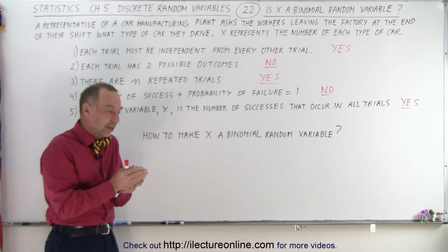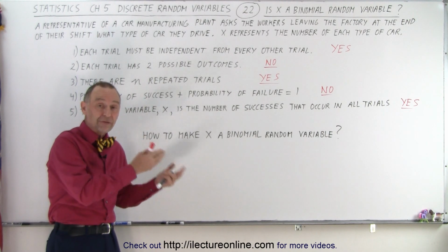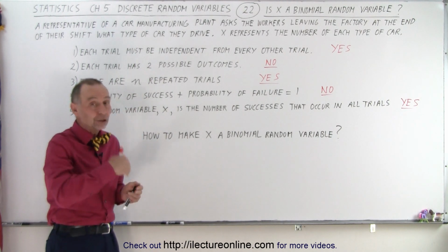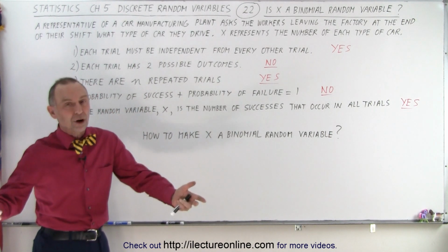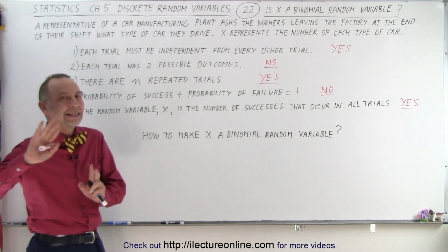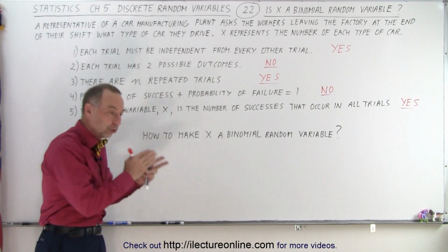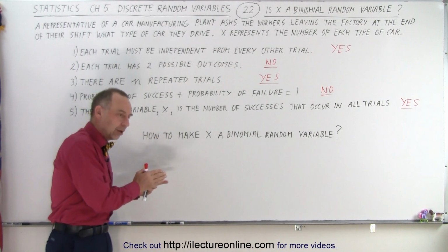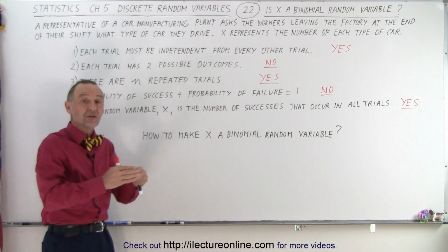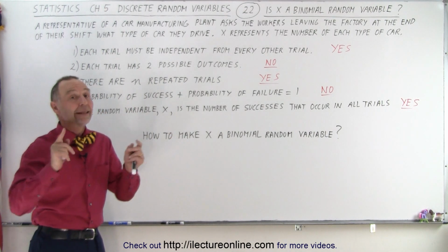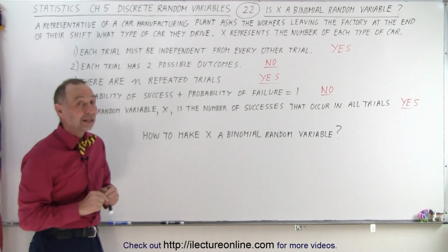One group is you drive the car that we manufacture, the brand that we manufacture, and the other possibility is you drive another type of car, any other type of car. So if we split into 2 groups, one being the car that we manufacture here, and the other being any other type of car, then we would have a binomial random variable.